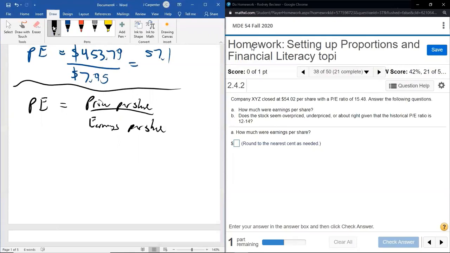You should have written it down by now at least 4 times, 3 times, 2 times, whatever. So what do we have? We have the PE ratio of 15.48. That again is the left number. So that's where the 15.48 goes. How do I know that's where it goes? Because I read and I paid attention and I put the pieces of the puzzle where they go. Circle goes in the circle, square goes in the square. So 15.48 is the left side.